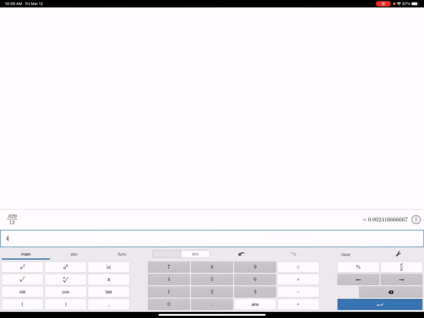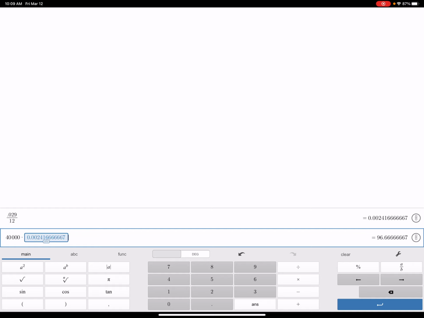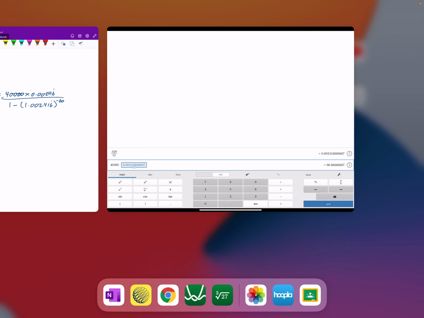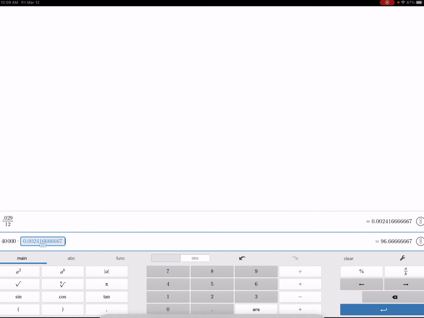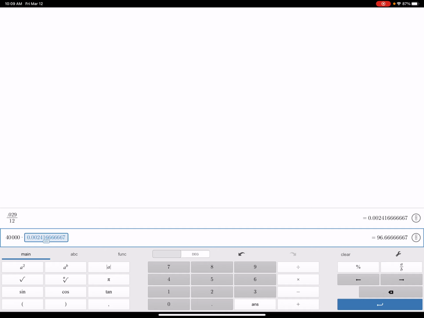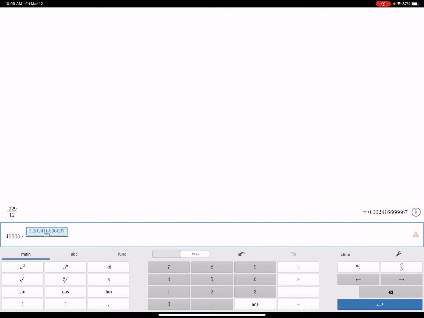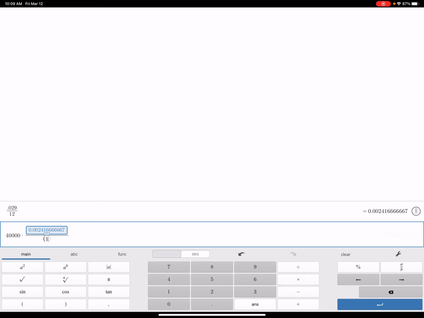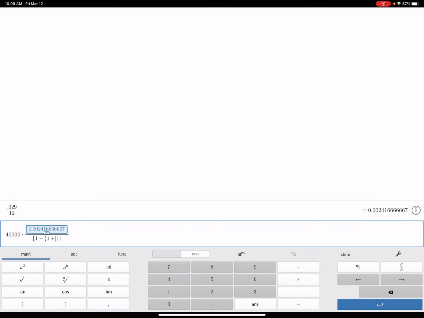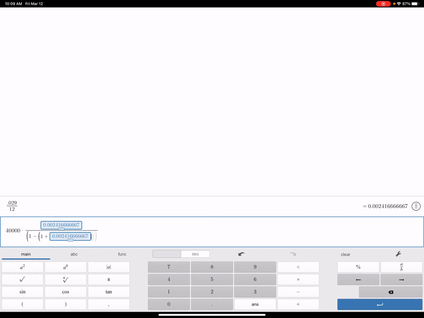So 40,000 times the interest from above, and then divide that by, in brackets, 1 minus, actually I'm going to do it this way, 1 plus, and I'll just grab that interest rate answer from before, in brackets to the exponent negative 60.